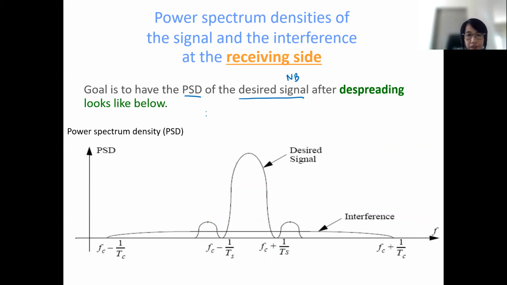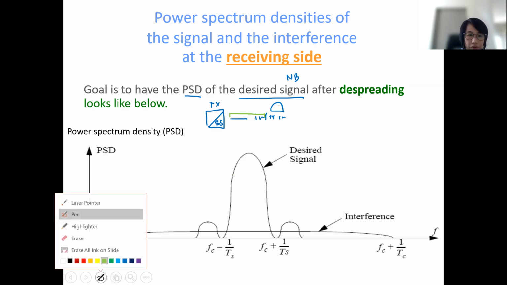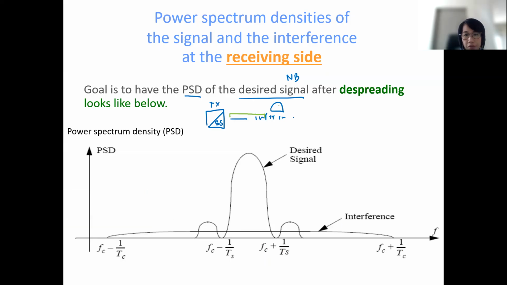So the transmitter does the spreading and it faces interference with the lower bandwidth, and the transmitted signal has a low power with a higher bandwidth. These two arrive at the receiver together, with the interference.